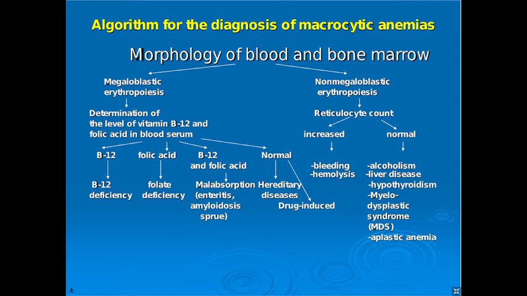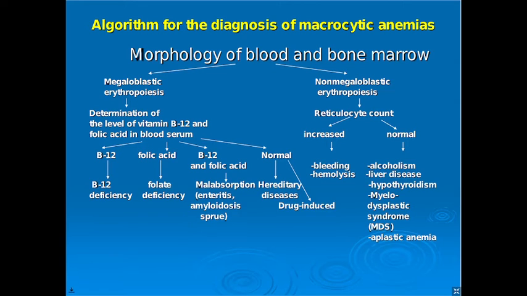If after bone marrow histology we can see that there is megaloblastic type of erythropoiesis, the next step we must take is to determine the level of B12 and folic acid. And in the case of a single deficiency, B12 or folic acid, or maybe a combined deficiency of both elements, we will make the corresponding conclusion. B12 deficiency, it is B12 deficiency anemia.